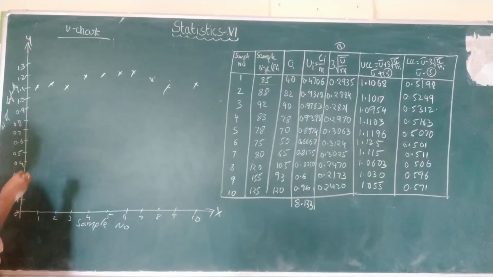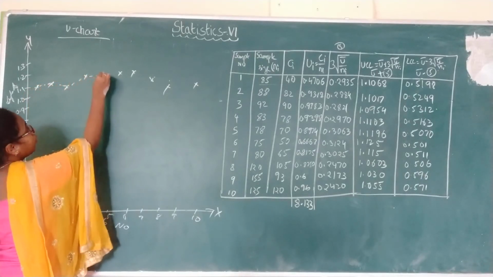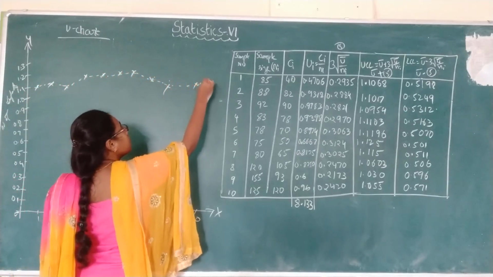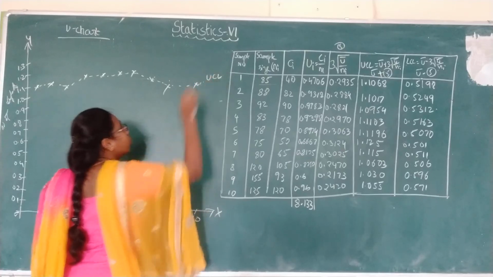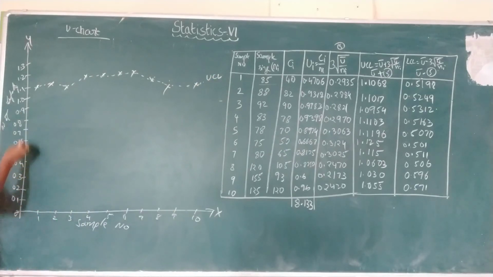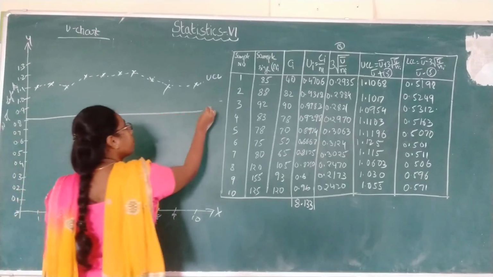So now join all these values with a dotted line. You will get the required UCL value. So this is the UCL value. Next CL is U bar. What is the U bar value? 0.81. So here you will get the CL value.